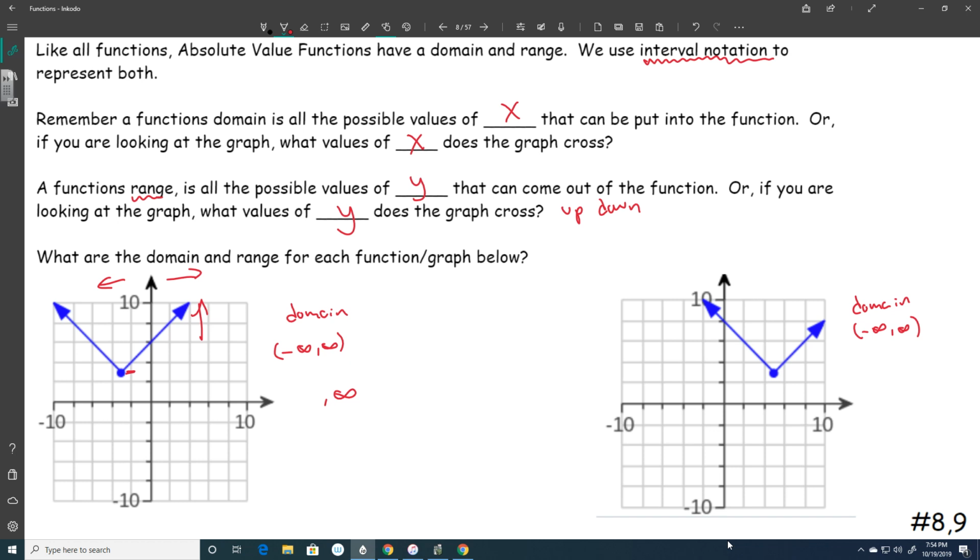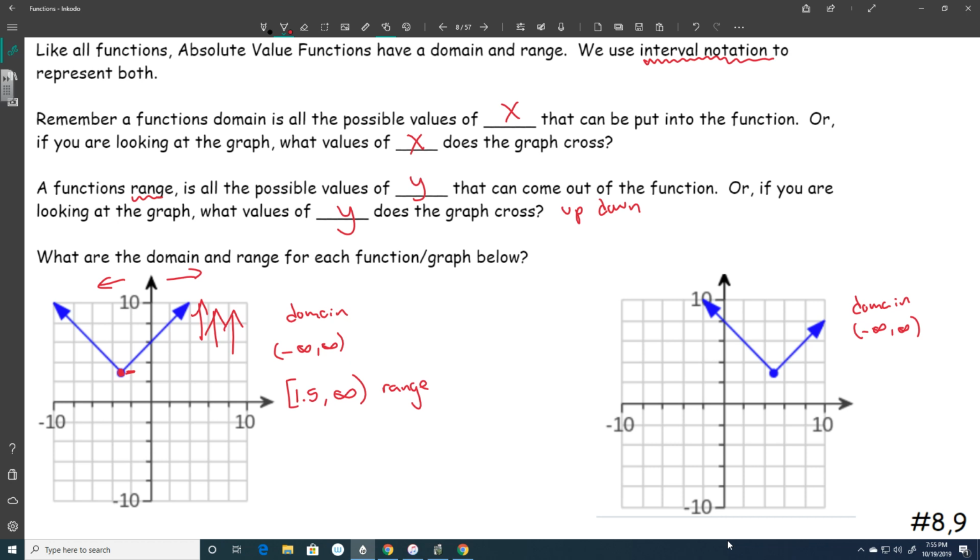And it looks like that's at about +1, maybe 1.5. So I'm going to call that 1.5. And that's right where my graph hits. So I'm going to put a bracket there because it includes 1.5. And I'm going to put a parenthesis next to the infinity. So my range is 1.5 all the way up to infinity because it goes up forever.